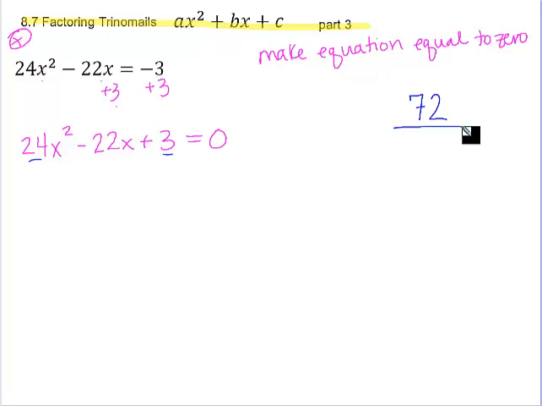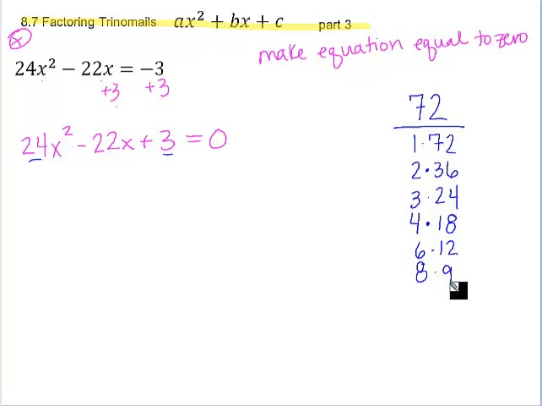And now you list your factors of 72. 1 times 72, 2 times 36, 3 times 24, 4 times 18, 5 does not fit in there, 6 times 12, 7 does not fit in there, 8 times 9.